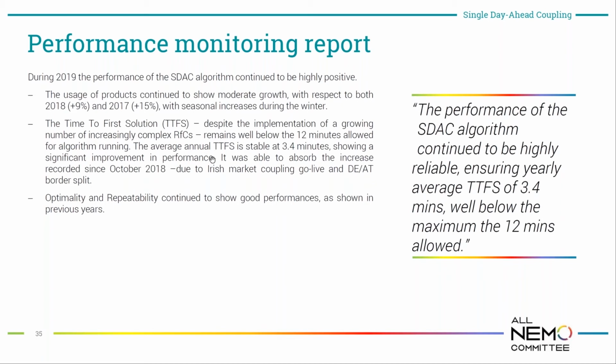At the end of 2018, we included two requests for changes that had a big impact on performance. I'm referring to the introduction of the Irish market and the Germany-Austria border split. We have been able to improve the performance of the algorithm, and we have been able to absorb this increase in complexity, as we will see in the optimality study of the algorithm.